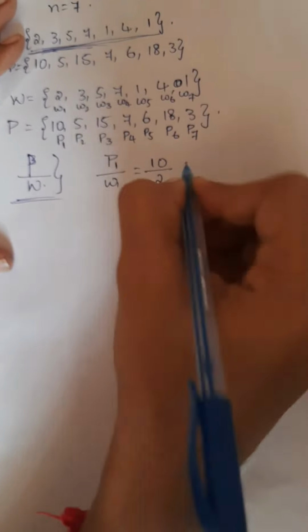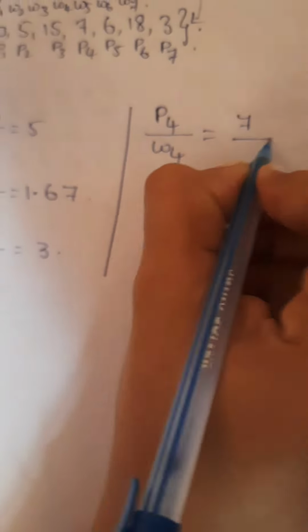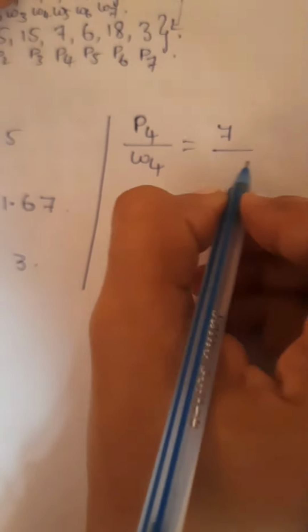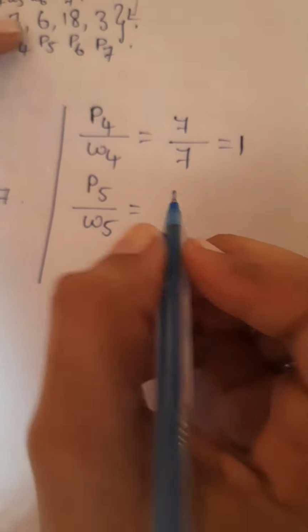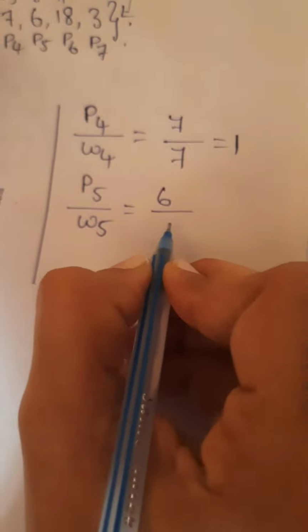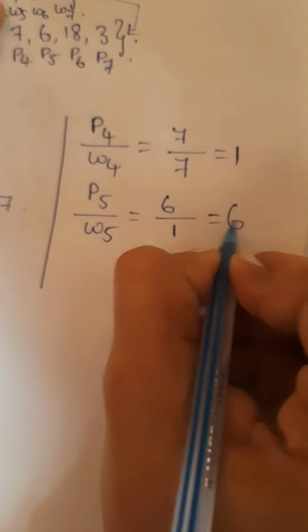And next calculate P4 by W4. This means the P4 value is 7 and the W4 value is 7, so the value is 1. Next P5 by W5. The P5 value is 6 and the weight is 1, so this value is 6.